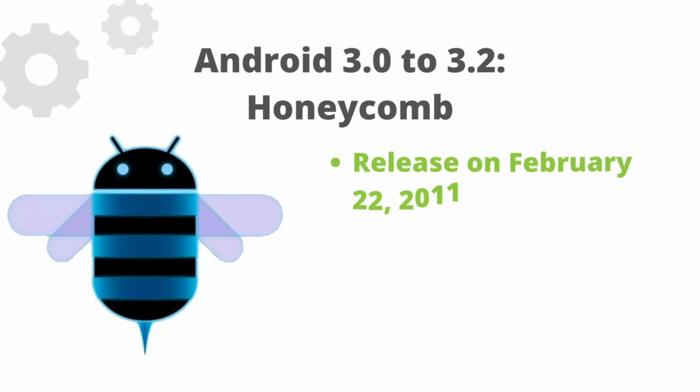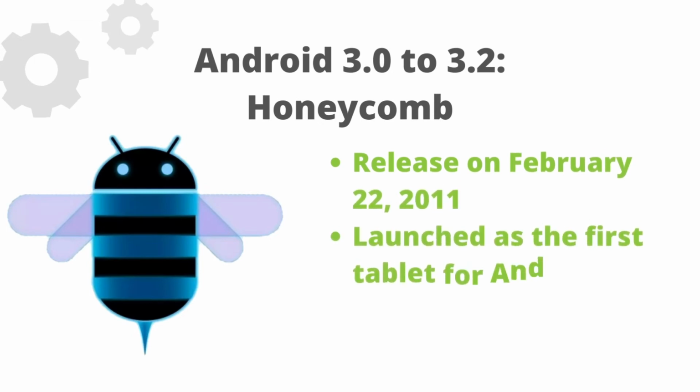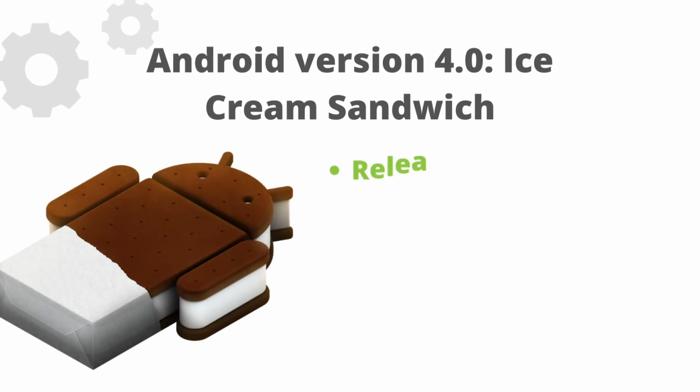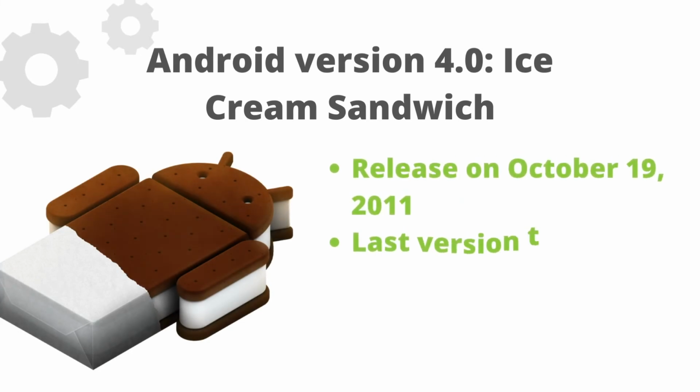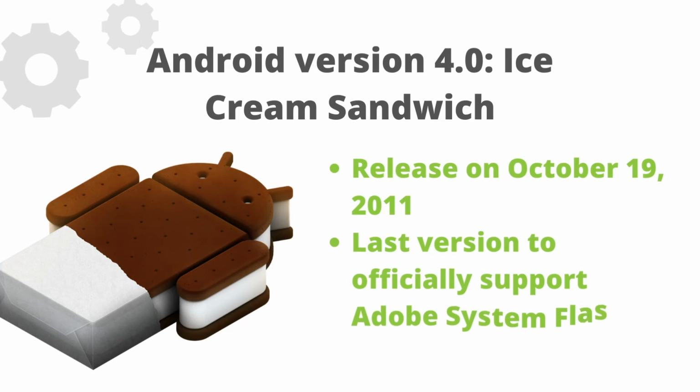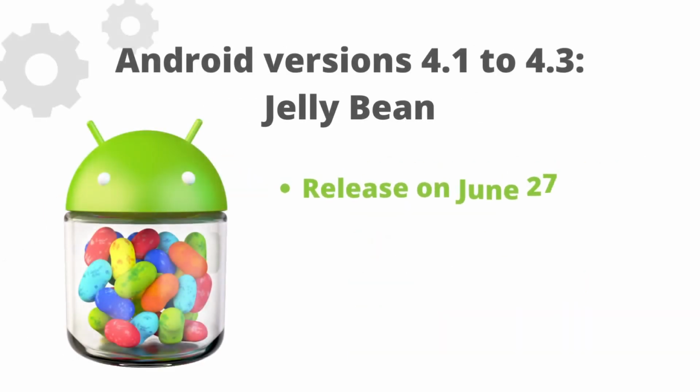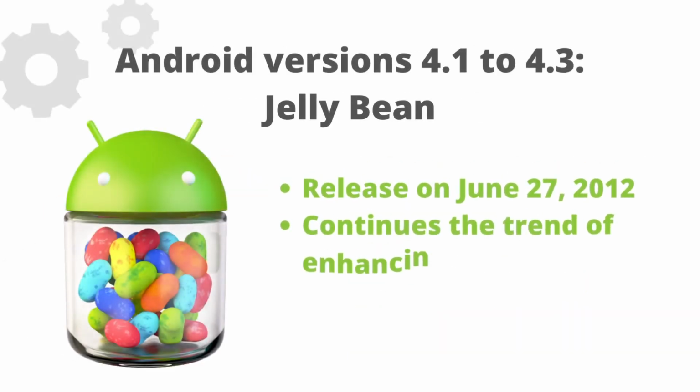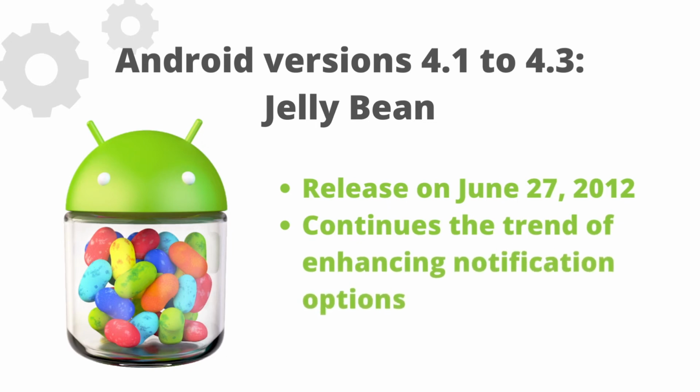On February 22, 2011, Android 3.0 Honeycomb was launched as the first tablet-based version of Android. Honeycomb introduced a dramatically reimagined user interface for Android. Ice Cream Sandwich was released on October 19, 2011. It was the last version to officially support Adobe Flash Player. On June 27, 2012, Google announced Android 4.1, which is Jelly Bean, at the Google I/O conference.